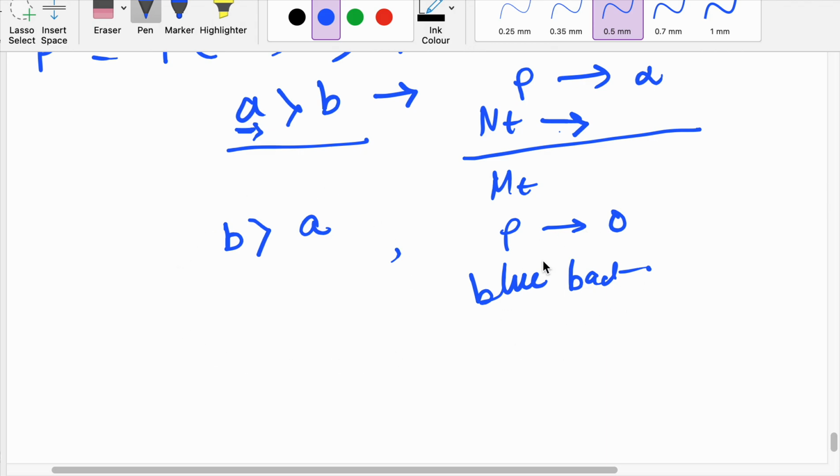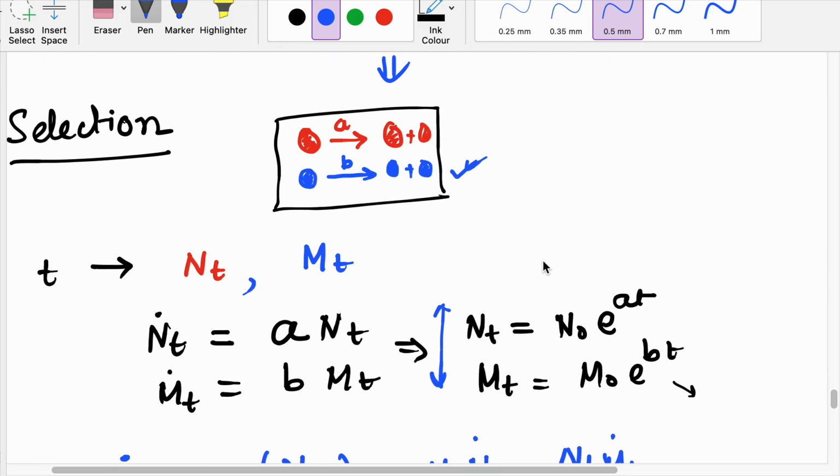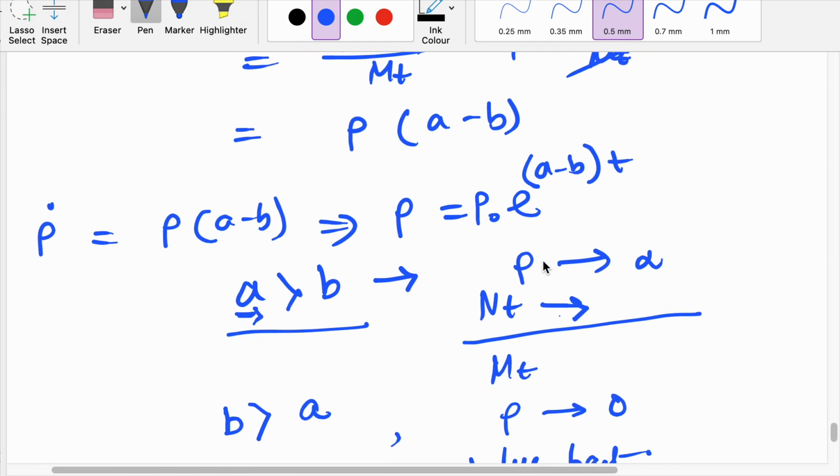So this is the basic concept of selection. If some individuals' reproduction rate is more than the others, they will reproduce more, and that's why selection works. So this is the basic concept of selection. Is it clear?